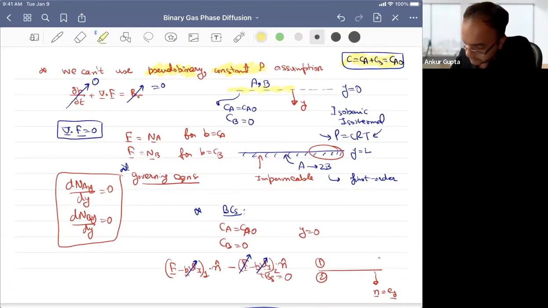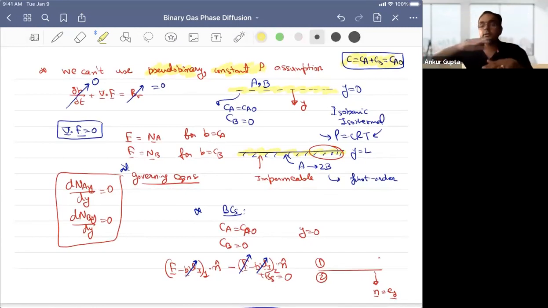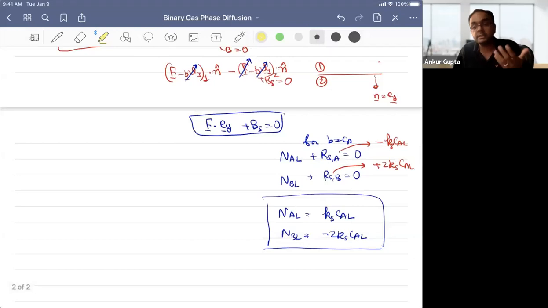And it's getting reduced because it's getting reacted until it reaches the point L. So the concentration of A is higher at y equal to 0, lower at y equal to L. So obviously the flux will be in the positive y direction. For B, the concentration will be higher at the surface at y equal to L and lower at y equal to 0, where it's exactly 0, so it will go in the opposite direction. The flux will be negative. So that's why these signs make sense.